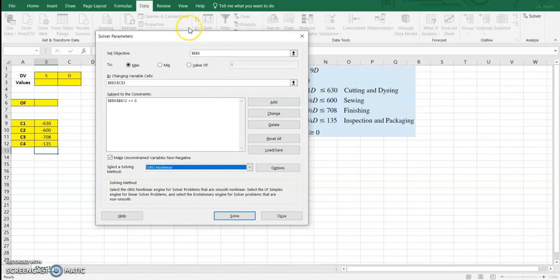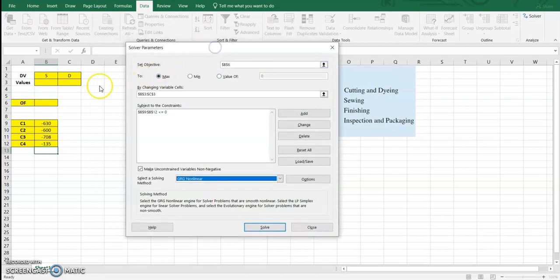Another point, my friends, you remember we talked about non-negativity constraints here. Here it is, the part that handles the non-negativity constraint. It says make unconstrained variables non-negative.